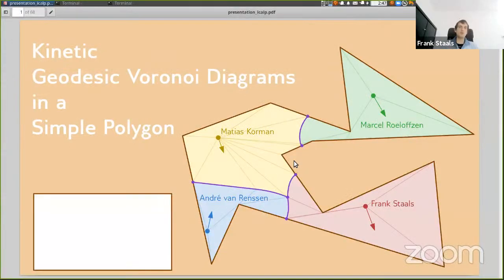So the basic problem is this of geodesic Voronoi diagrams. I have a static, simple polygon with a bunch of sites, points inside it, and we want to maintain a Voronoi diagram, a partition of the polygon into regions, such that every site has a region, and all of the points in this region are closer to that particular site than anywhere else.